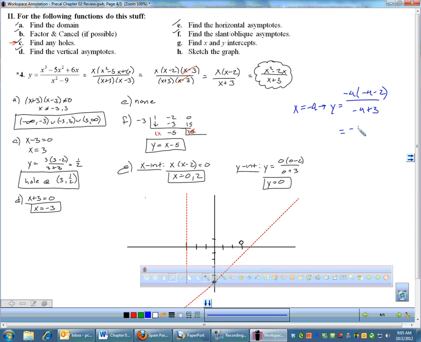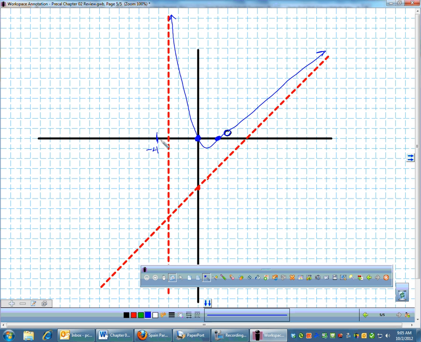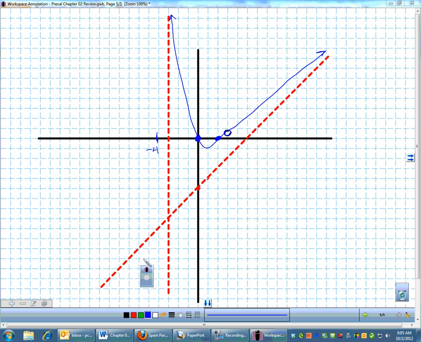That's -4 times -6 over -1, which gives me a final value of -24. So when I plug -4 in, I got -24, which tells me that my graph at -4 needs to be way down at -24, which I'm not going to be able to really graph because it's way off the graph, but I do know that my graph is going to be in this little piece.